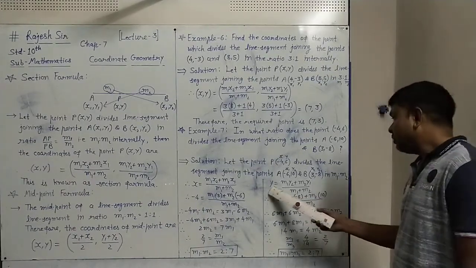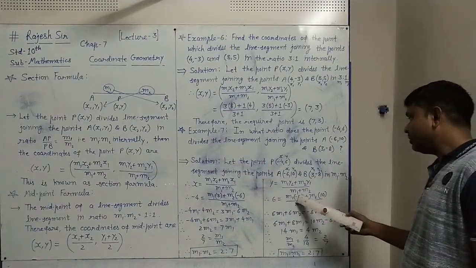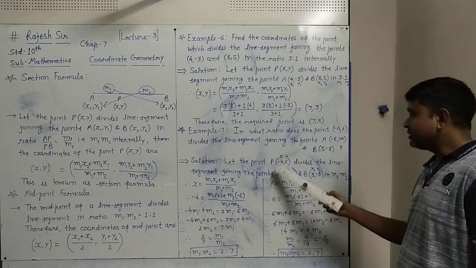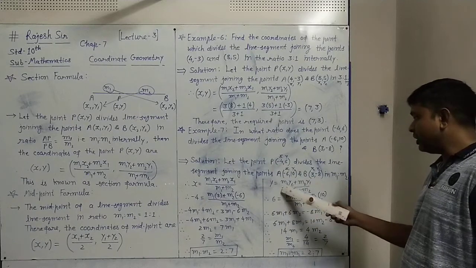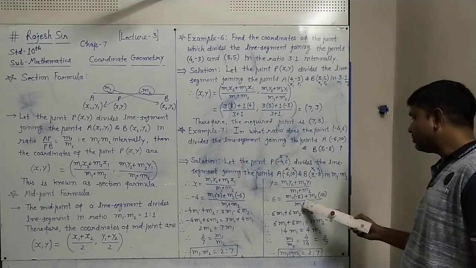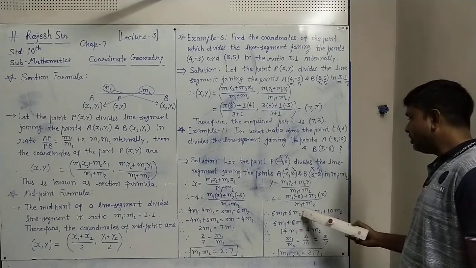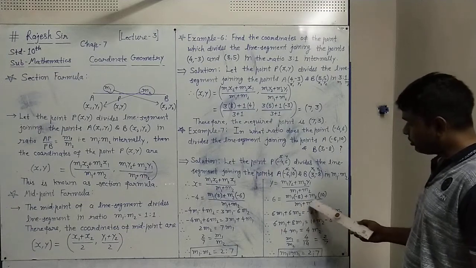See here. y coordinate is m1 y2 plus m2 y1 upon m1 plus m2. Place all the values. Here the y coordinate of the point is 6. 6 equals m1 into y2, which is minus 8, plus m2 into y1, which is 10, upon m1 plus m2 as well. Similarly, m1 plus m2 is down.